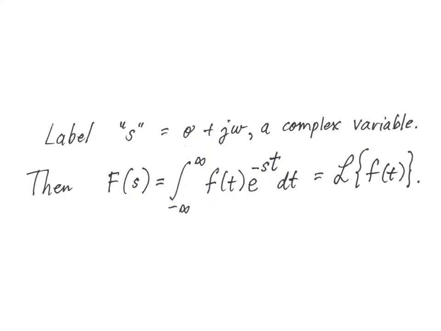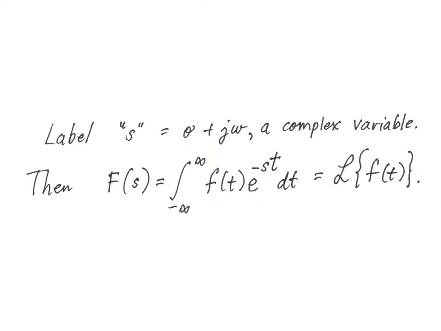The Laplace transform, instead of being looked at as a redefinition of f of t, the function of time, we will redefine the Fourier transform instead. That e to the minus j omega t now becomes e to the minus st, where s includes real and imaginary components, and this then is called the Laplace transform.